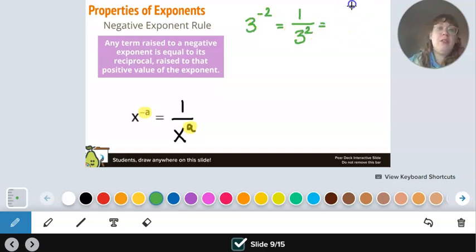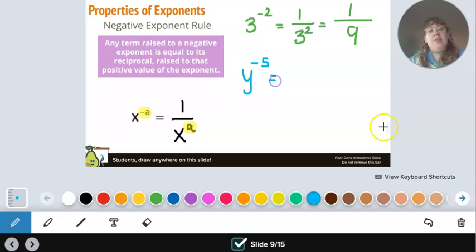It becomes a positive 2, and 3 squared is 9, 3 times 3. If we have a y to the negative 5th power, we do the reciprocal, flip it to the bottom, and make that exponent positive. So this is our negative exponent rule. We take our term, find the reciprocal, which is just flipping it to the denominator, and then making the exponent positive. Okay.